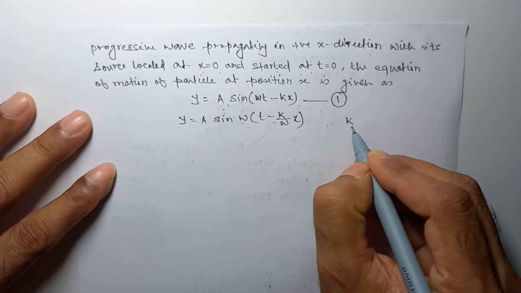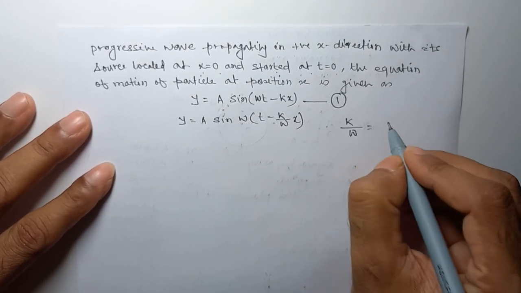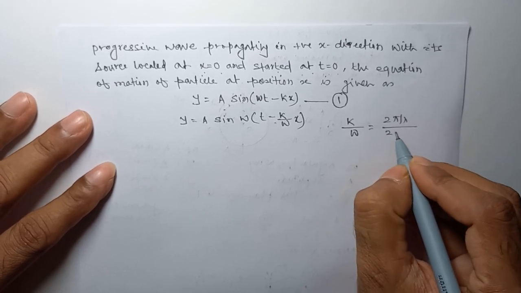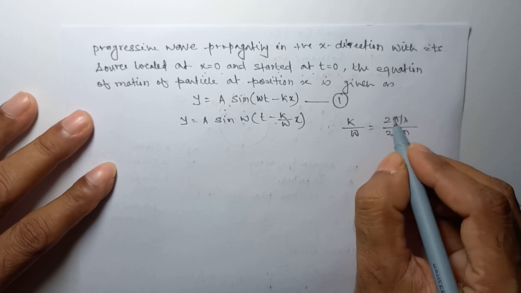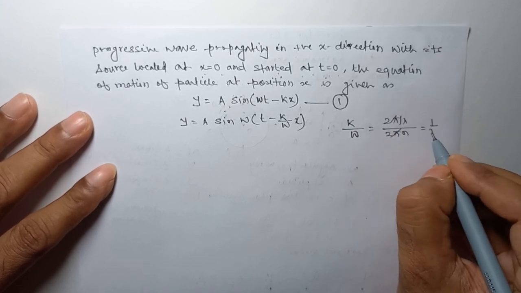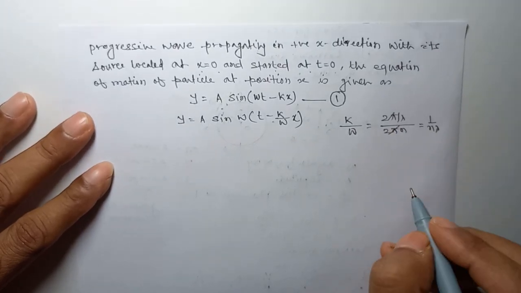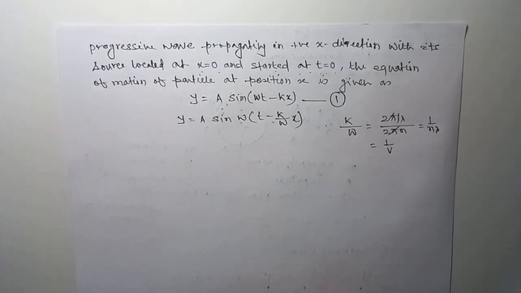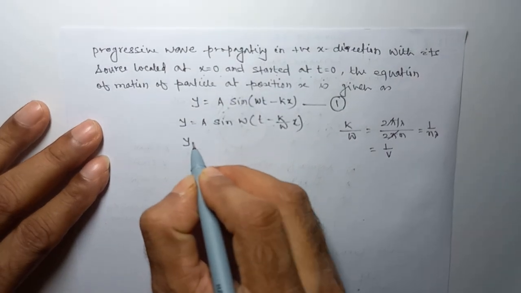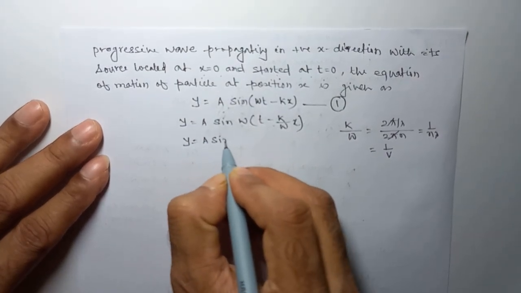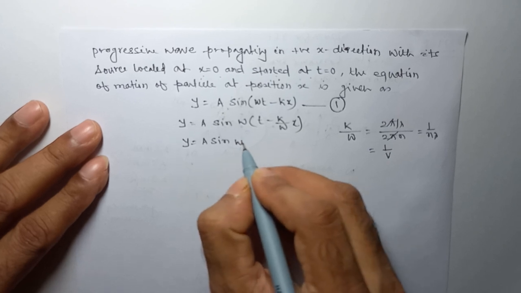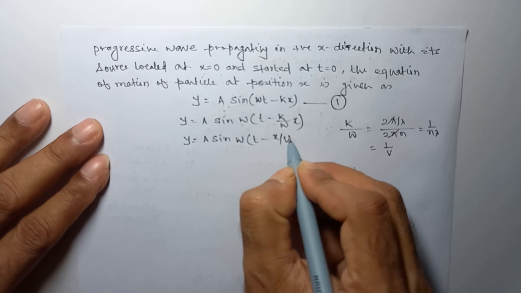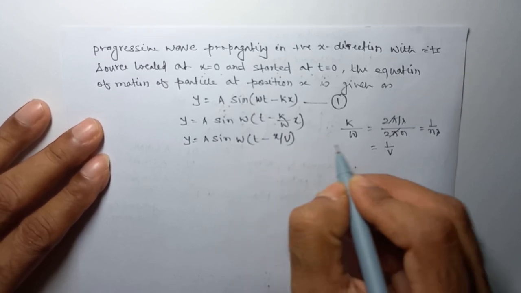And k by omega, if you write, k is 2 pi by lambda, and omega is 2 pi n. 2 pi will get cancelled out. We get 1 by n into lambda, which is equal to 1 by v. This is the speed of the wave. So we can write this equation, y is equal to A sine omega into t minus x by v. This is the second form.